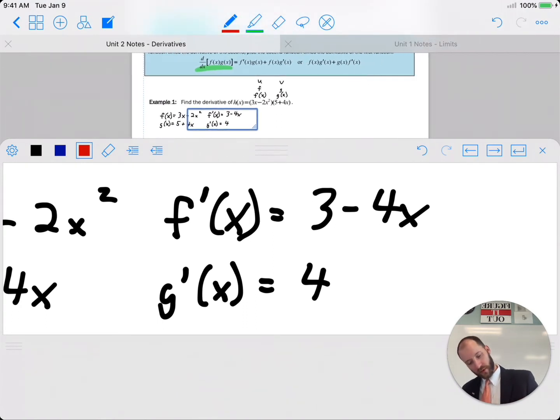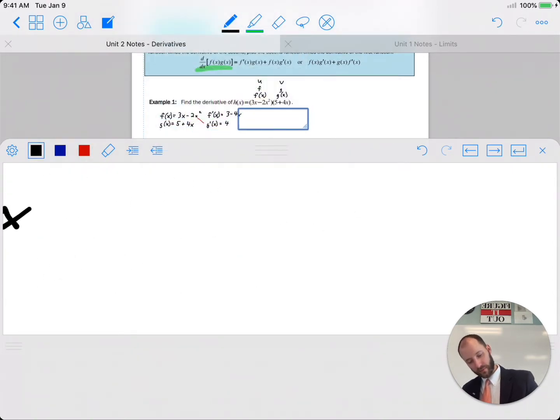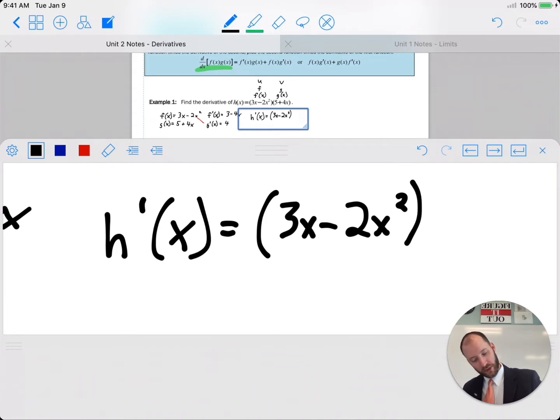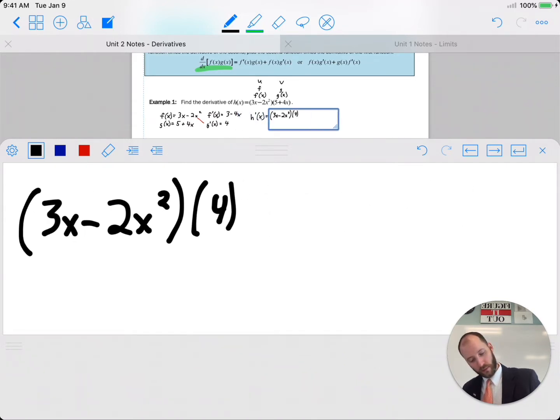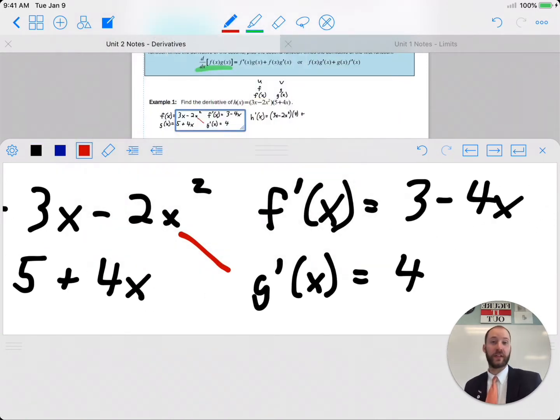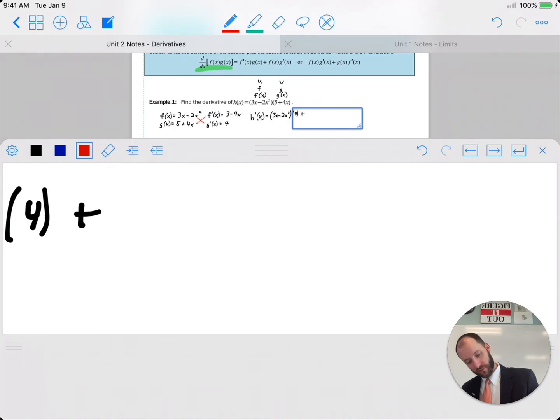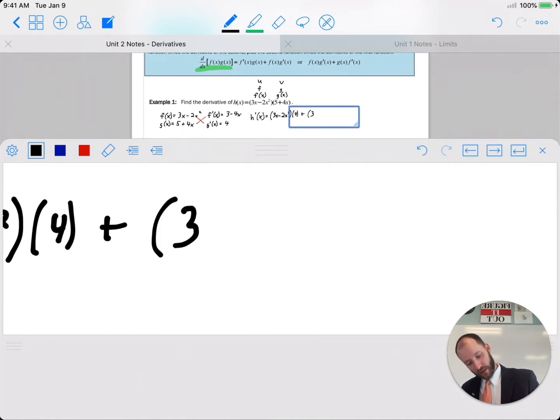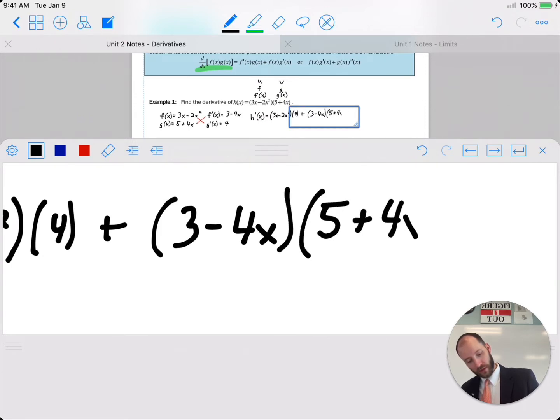What I like to do is kind of do an X. First, I'll connect these diagonals. So h prime of x, the overall derivative, is f and g prime, so quantity 3x minus 2x squared, and g prime, which is 4, plus, then I'll do my other diagonal: quantity 3 minus 4x and quantity 5 plus 4x.